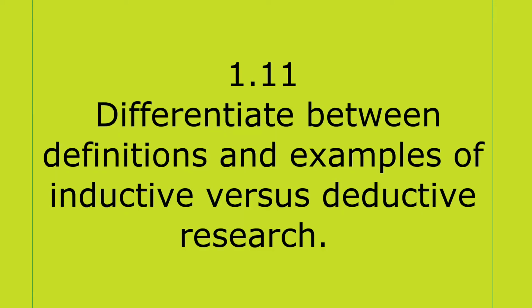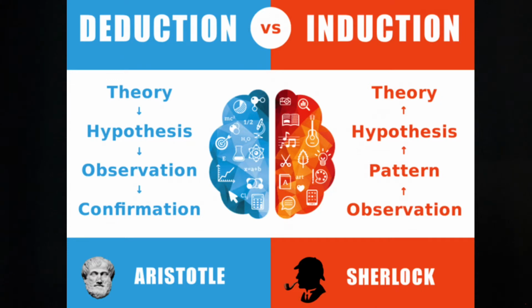Objective 1.11 asks you to differentiate between definitions and examples of inductive versus deductive research. I include in the course notes a really fundamental diagram or picture that illustrates the difference, and pay attention to the way the arrows are moving inside that diagram.